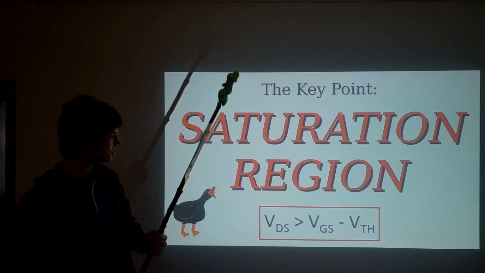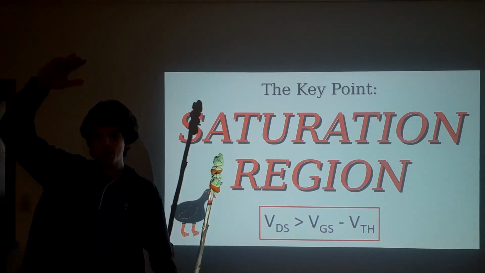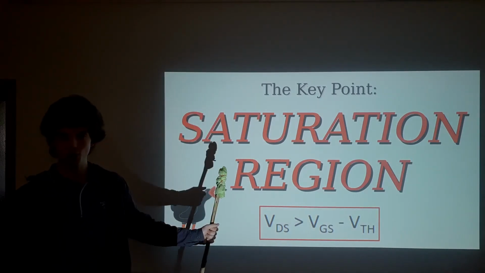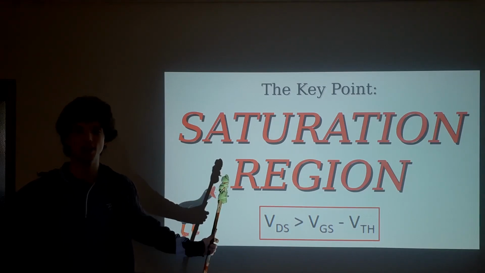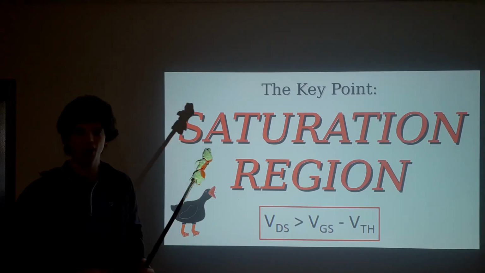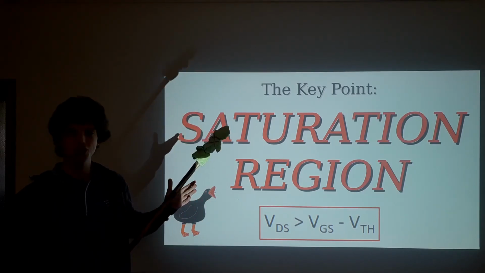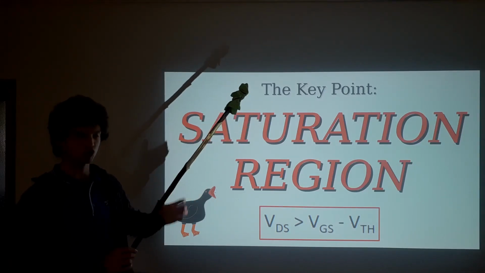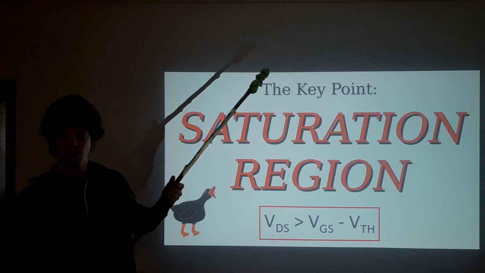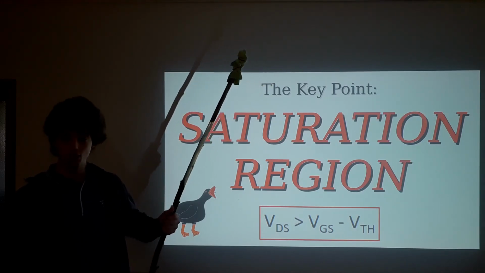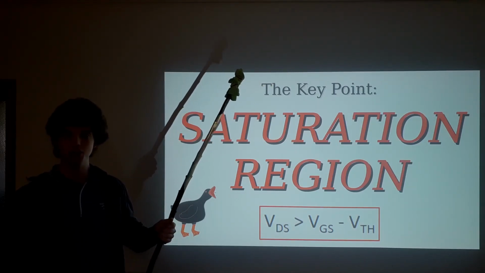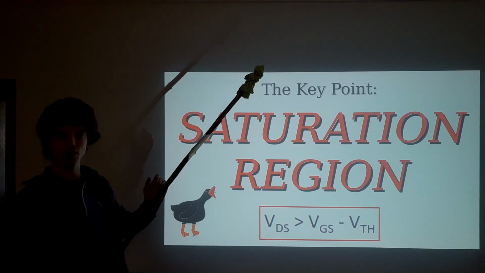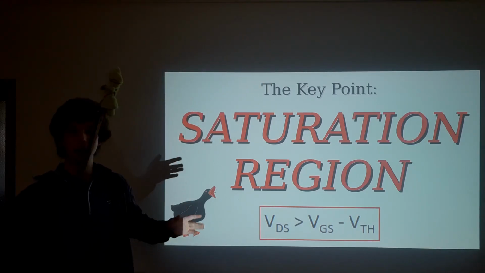Okay, key point of today. All of this has to be in saturation region. If we want to do basically anything with a MOSFET, it's got to be in saturation region. The couple of times that we actually use the triode region, they're rare and they'll tell you to use the triode region. You do actually have to check that it's in saturation region, but that's basically just a formality because it always will be.